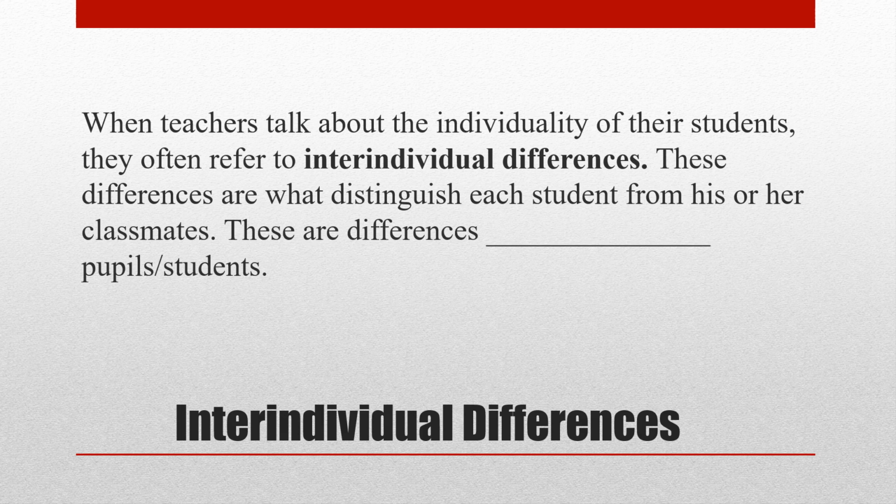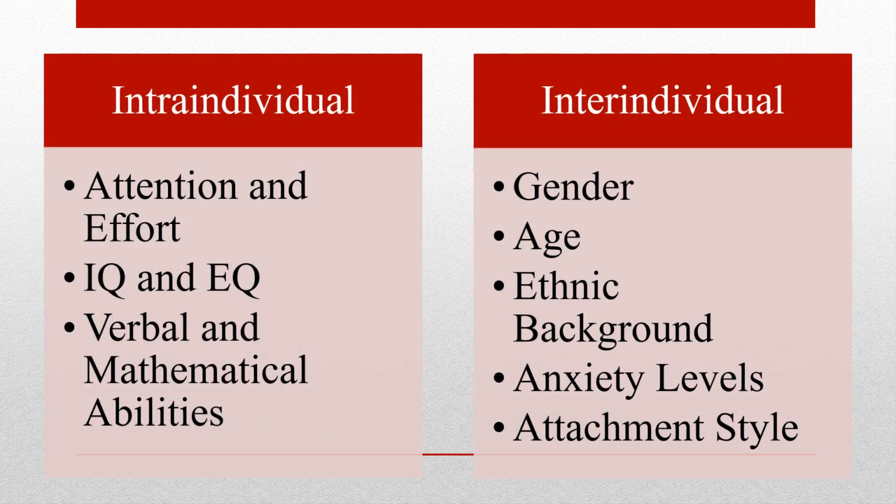So what are some examples of intra-individual and inter-individual differences? For intra-individual differences, some examples are attention and effort, which are all within the child. We also have IQ and EQ, and verbal and mathematical abilities.